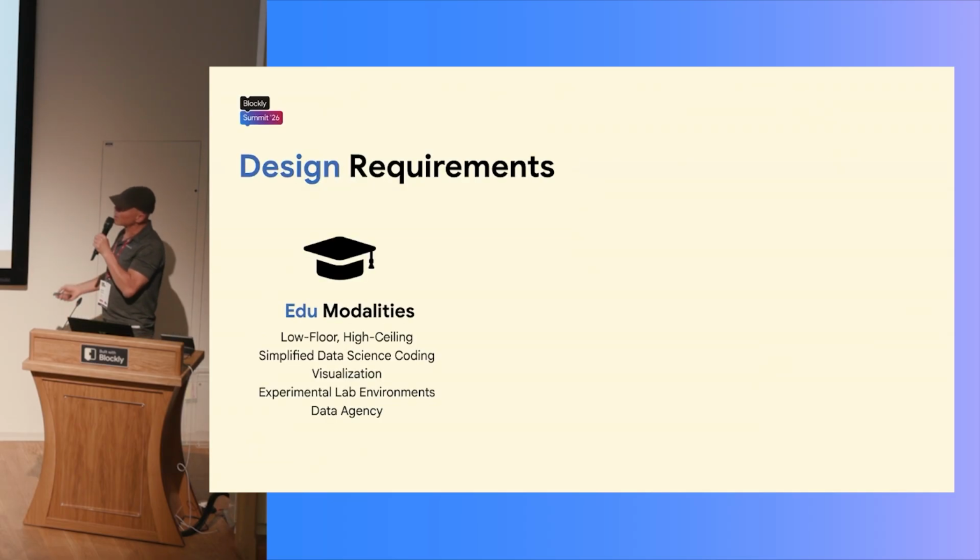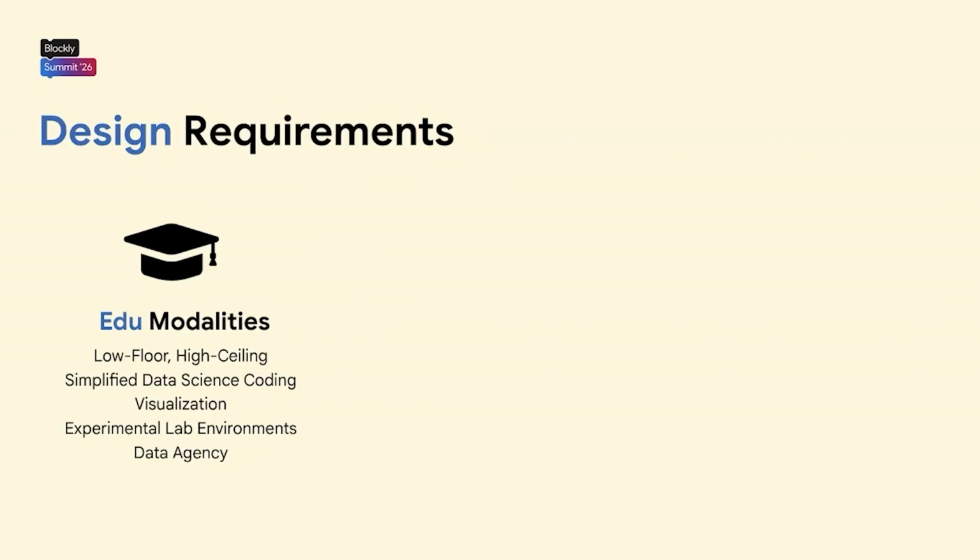Okay, so when I built Pythonly, I had these requirements in mind. It was supposed to be low floor, high ceiling. Low floor means for beginners, and high ceiling, anything above that, like 6 months or 1 year of working with Blockly, Pythonly.